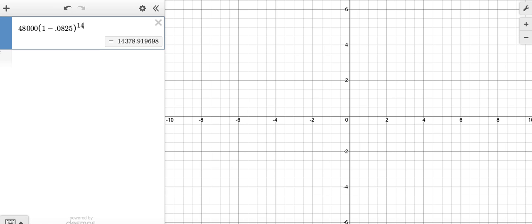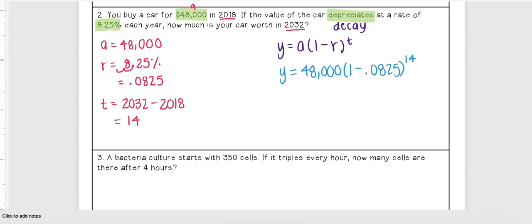And so I get this huge number, but since this is dealing with money, I want to round it to the nearest hundredth. So when I go to the hundredth spot, that's at the 1. I look next door, 9, which is bigger than 5, so I'm going to round up. And so I get that my car is worth $14,378.92.